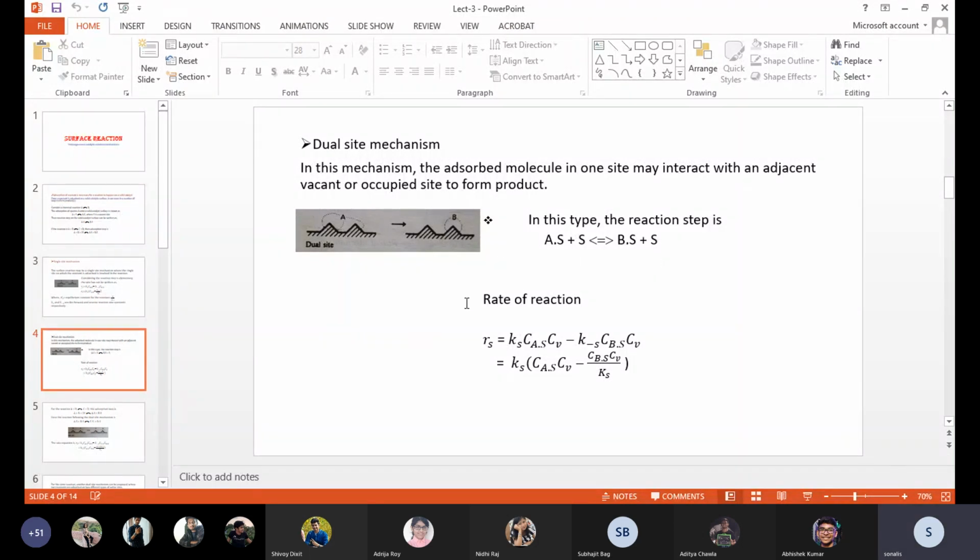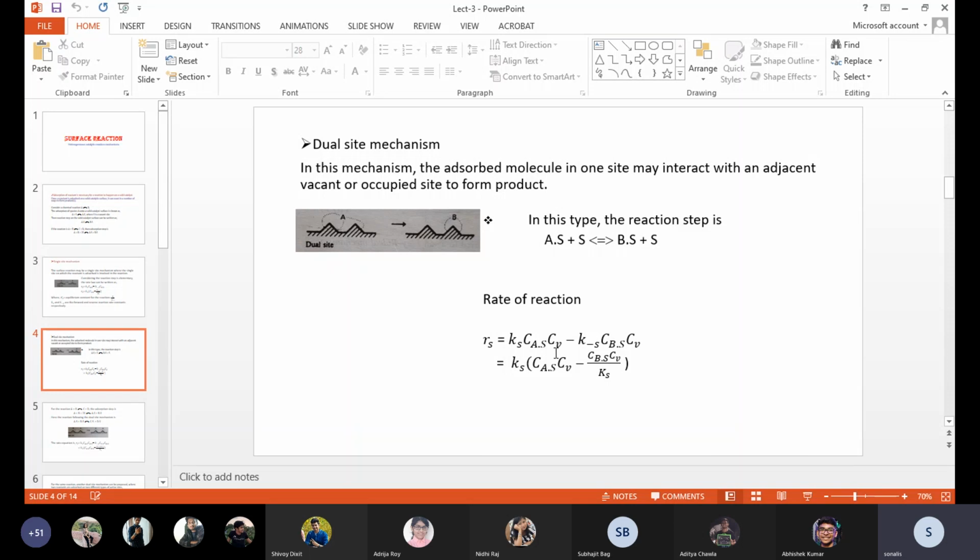If it is so, the rate of the reaction can be written as overall rate of the reaction RS is equal to forward reaction rate constant small ks into concentration of A·S, which is the active occupied site concentration, into CV, the vacant site concentration. S is the vacant site, so the concentration is represented as CV.